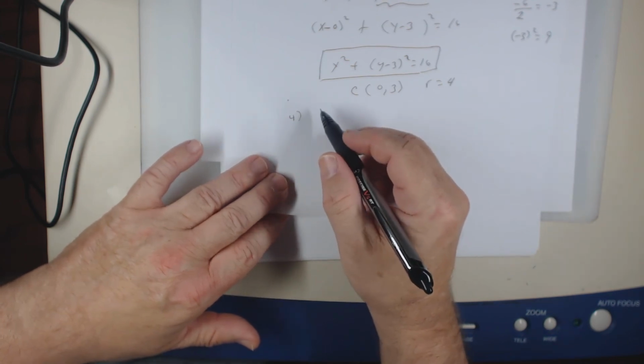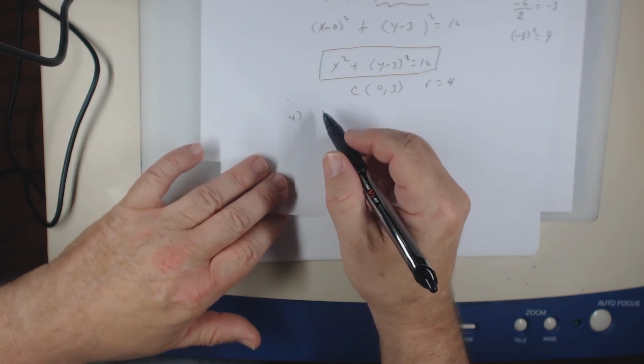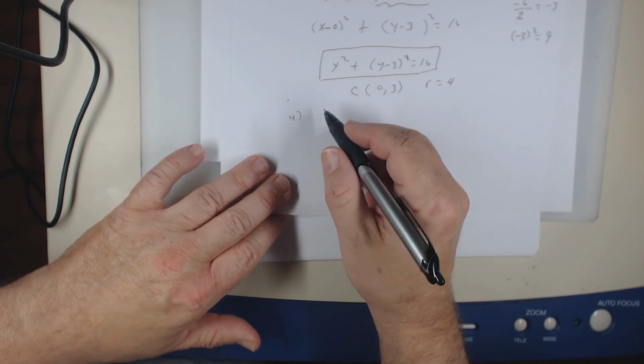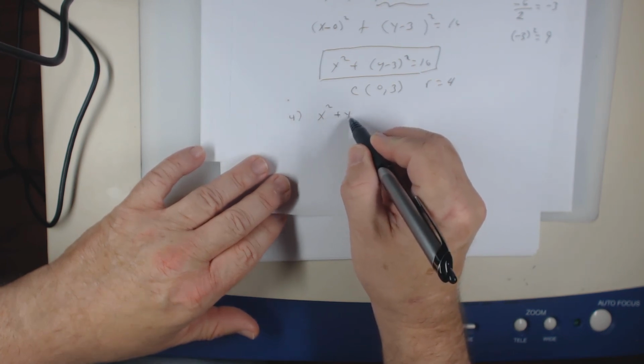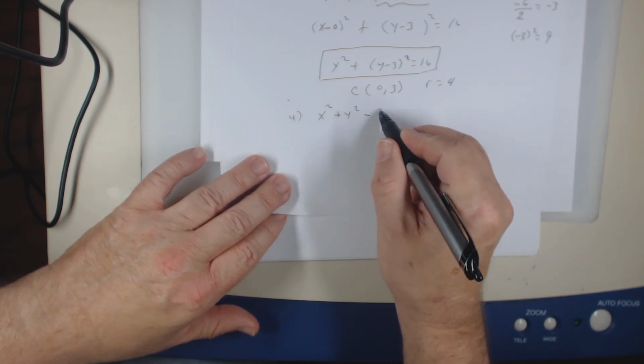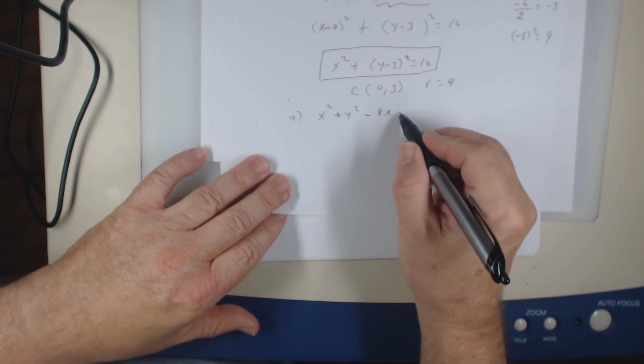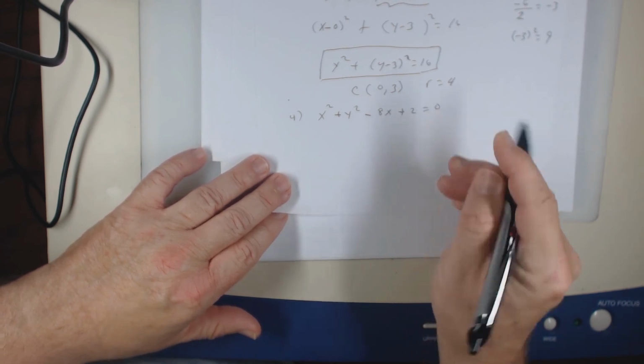All right, let's do one more with this. Let's suppose we had, let's see, okay, I'm making this up. X squared plus y squared minus 8x plus 2 equals 0.